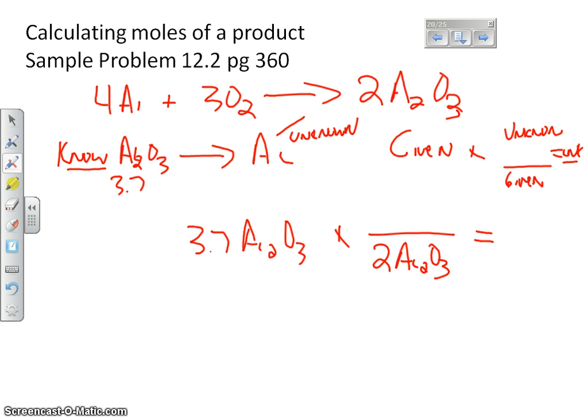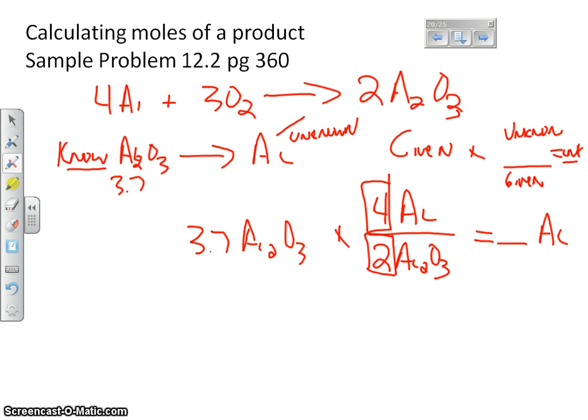Unknown, aluminum. And that will tell us how much aluminum we need. What is our ratio here? It's 4. 4 aluminums. Now remember, this part here and this part here is just taken from the equation. It's the coefficient from the equation.